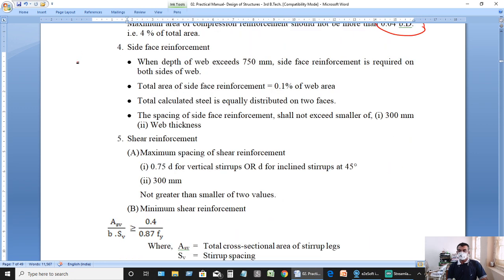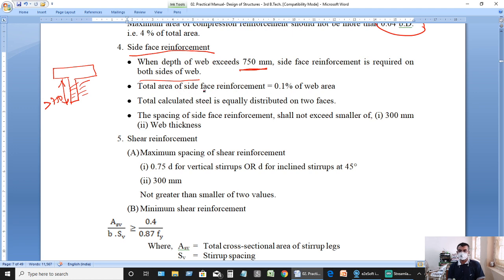Now the side face reinforcement: when the depth of web exceeds 750 mm, side reinforcement is required on both sides of the web, right? So if we have a T beam like this, and this web is greater than 750, then you have to provide side reinforcement.